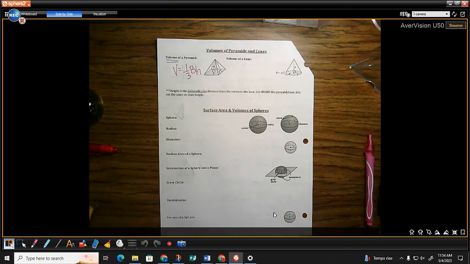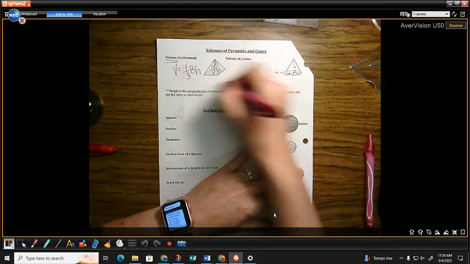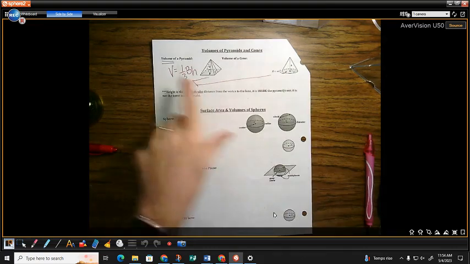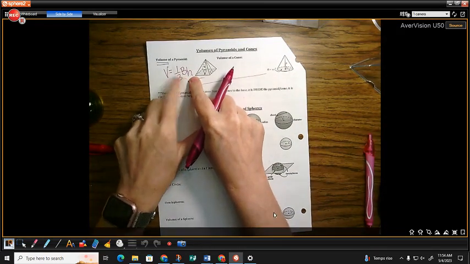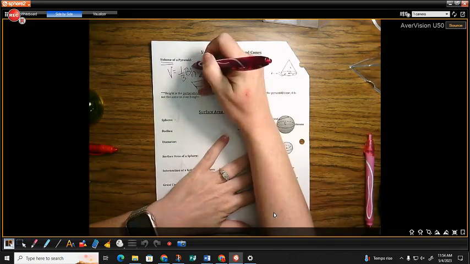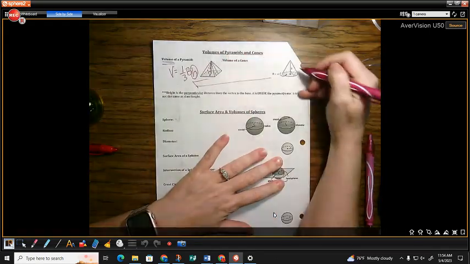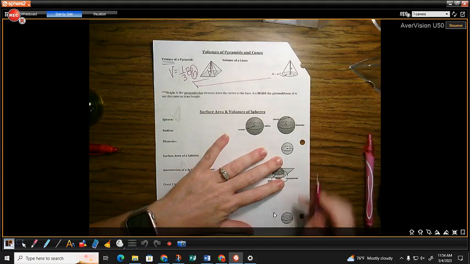Okay? What about for a cone? Same. He proved it. It's the same formula. You just do whatever the prism formula was times a third. But be careful. This height is the perpendicular height down the center.